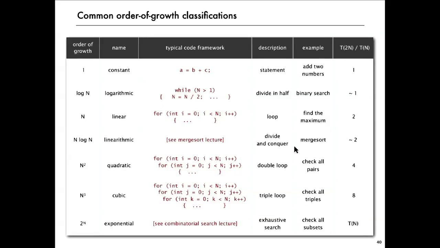These order of growth classifications actually come from simple patterns in the code that we write. If our code has no loops in it, then the order of growth is going to be constant. If our code has some kind of loop where the input is divided in half, and binary search is an example of that, then our order of growth will be logarithmic, and we'll take a look at that analysis.